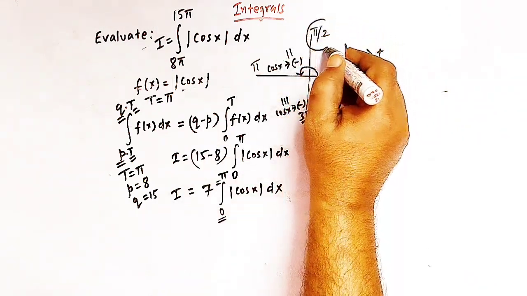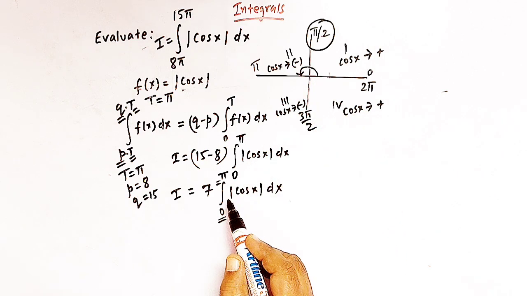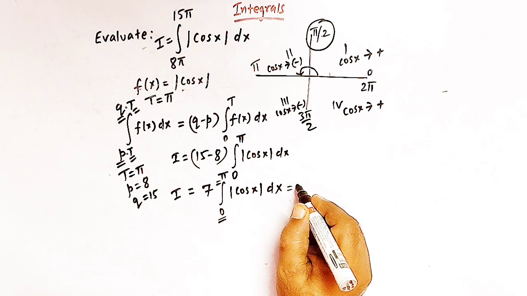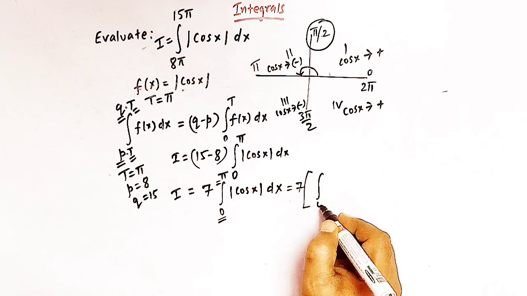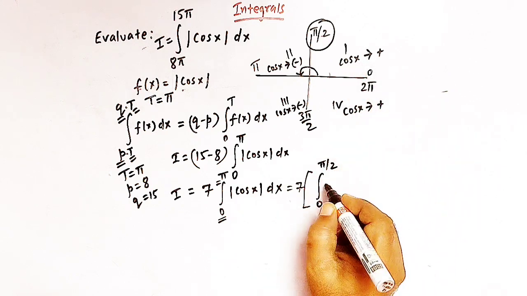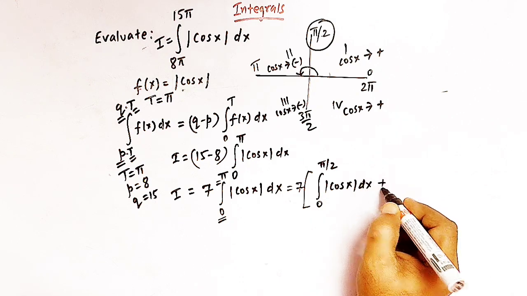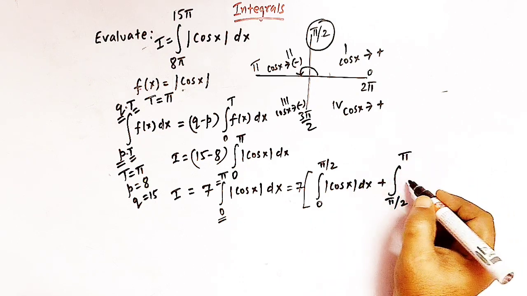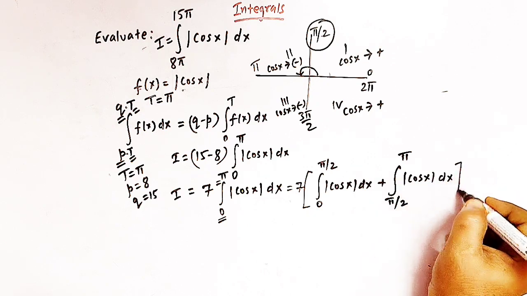So at this point, that is pi by 2, we have to break this integral into two parts, right? So we have to now write here first integral, that is 0 to pi by 2, where the cosine function is positive. So here we have mod of cos x dx, and the second integral is from pi by 2 to pi, and here we have mod of cos x and dx.